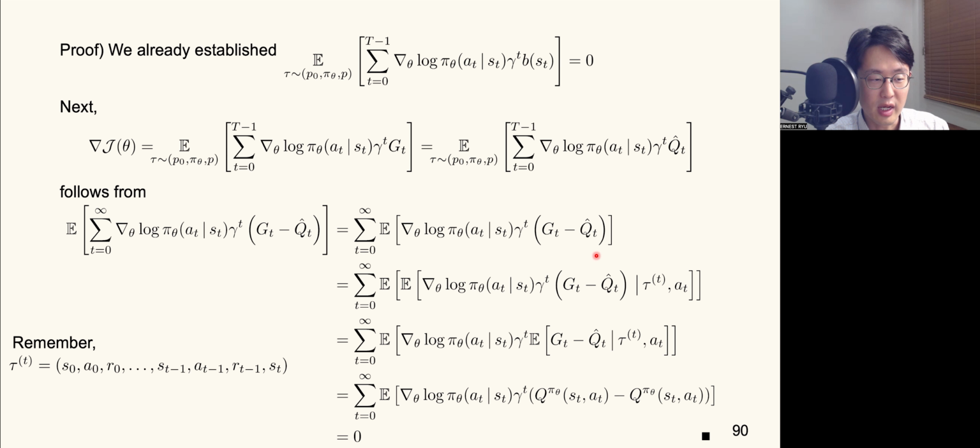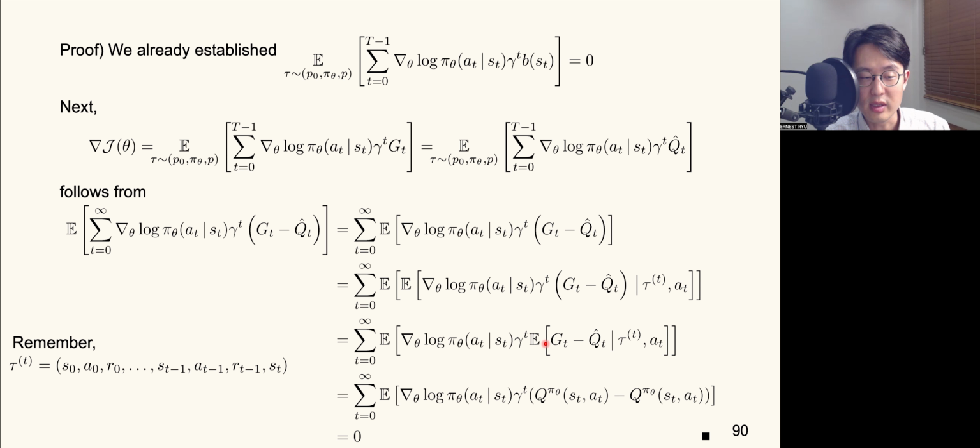Using the tower property, we'll condition the inner expectation on the entire trajectory up to the current state st and the current action at. When we perform this conditioning, as far as this inner expectation is concerned, at and st are constant. So this grad log pi theta can be pulled out. Gamma to the power t is a literal constant, so that can be pulled out. So we just need to take the conditional expectation of GT minus Q hat.